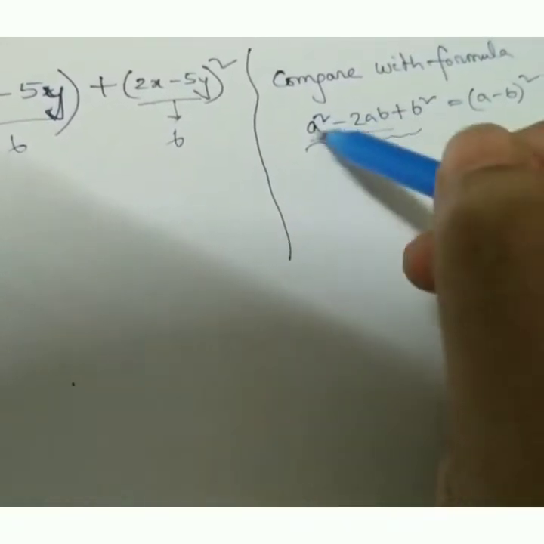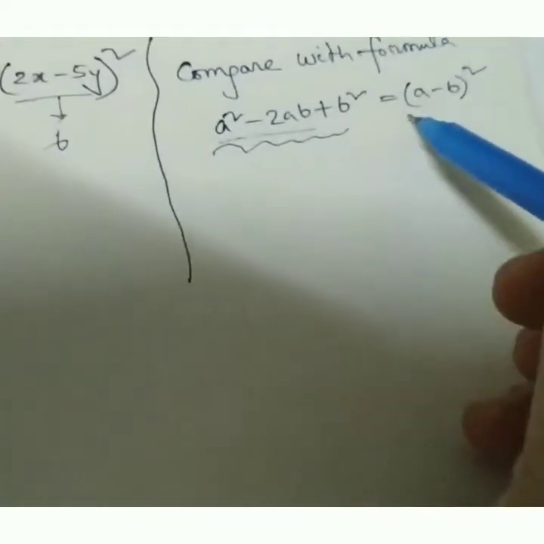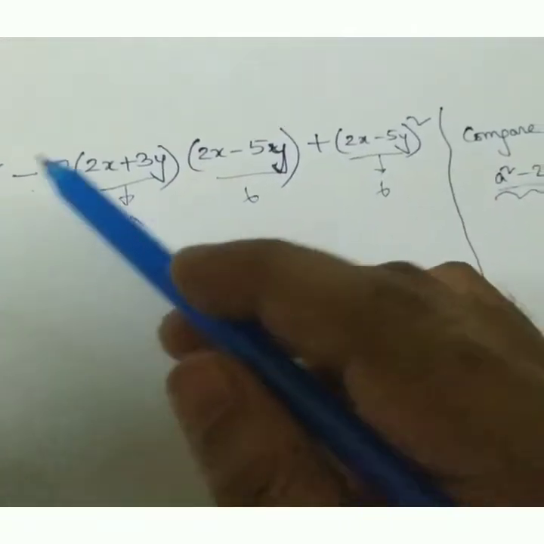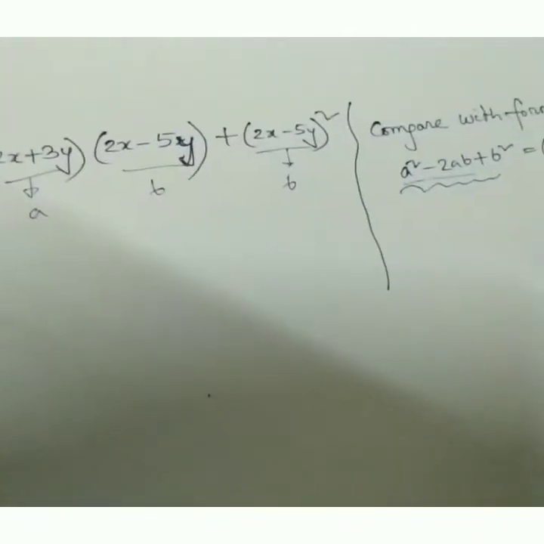So what is a square minus 2ab plus b square equal to? That is (a minus b) whole square. So we can shorten this whole question according to the formula.